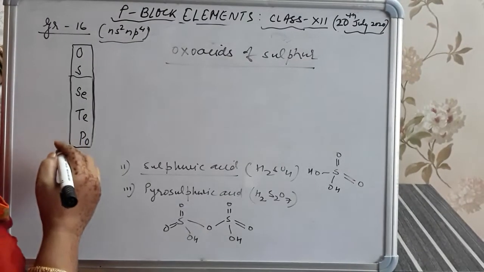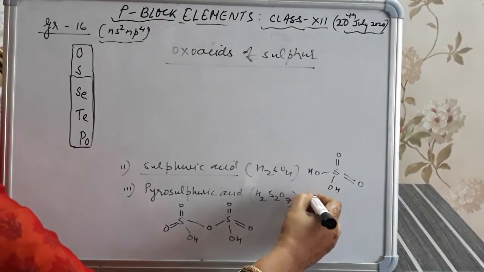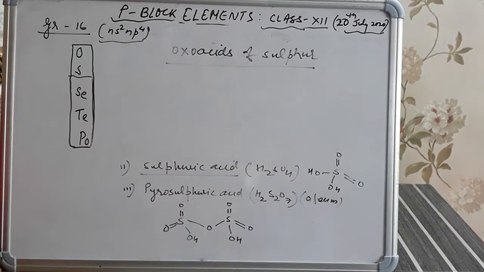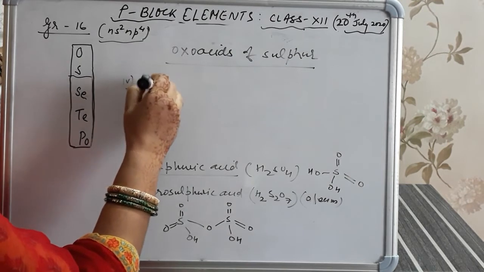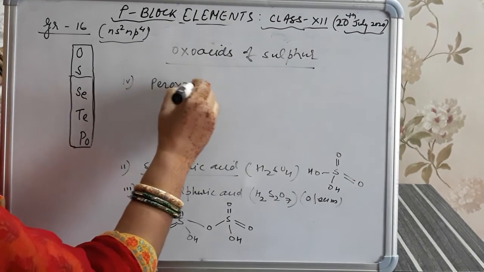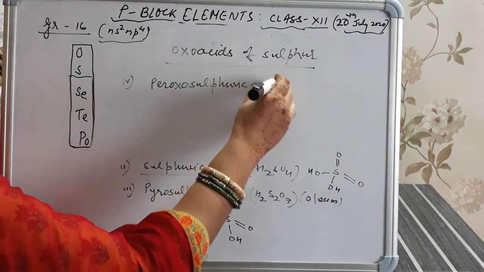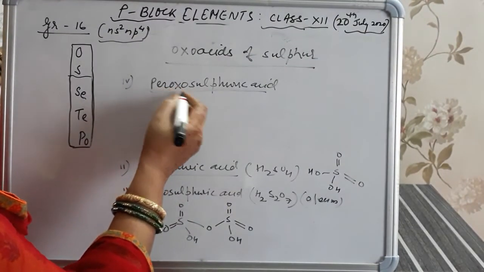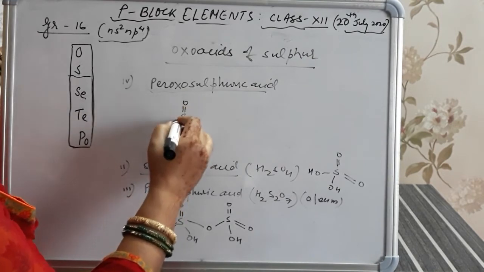Next one is peroxo disulfuric acid. Students, the common name is also oleum. This compound is also known as oleum. Next one is peroxo sulfuric acid, in which obviously the name is given peroxo, meaning there is a peroxo group present.